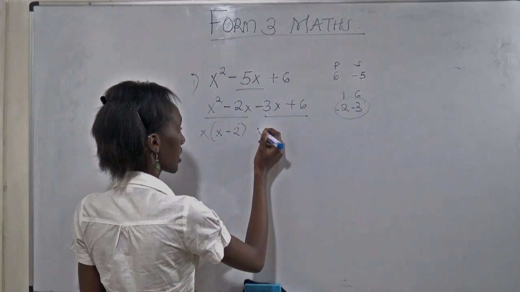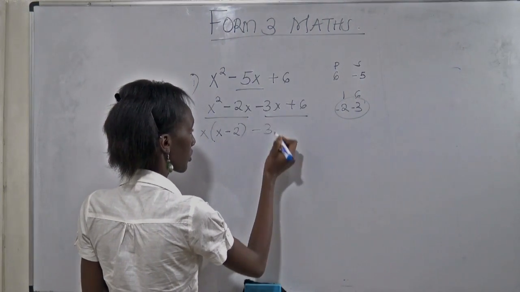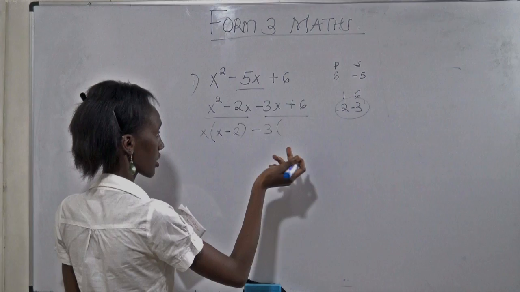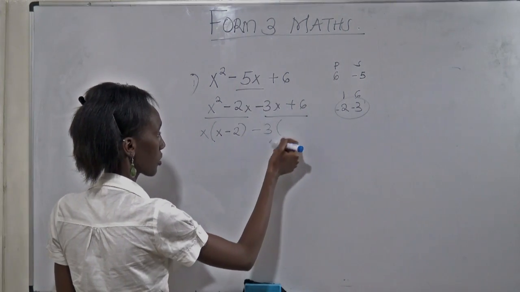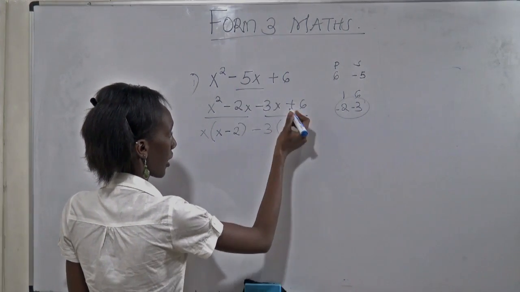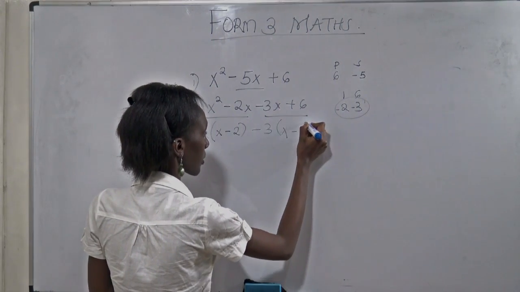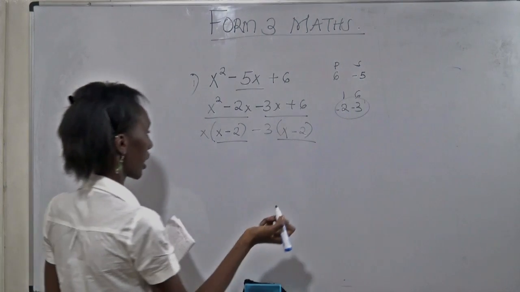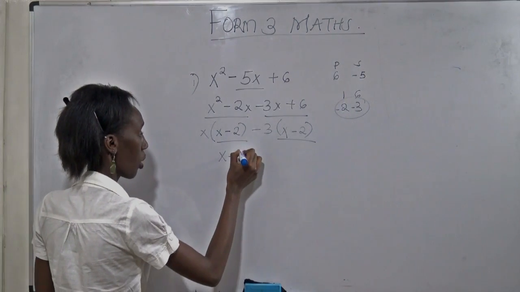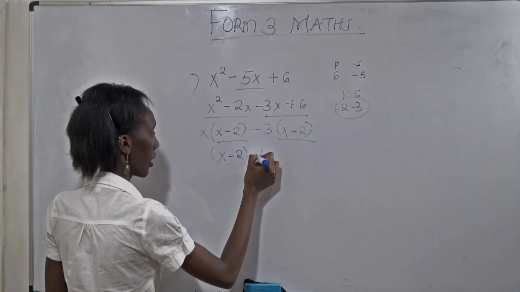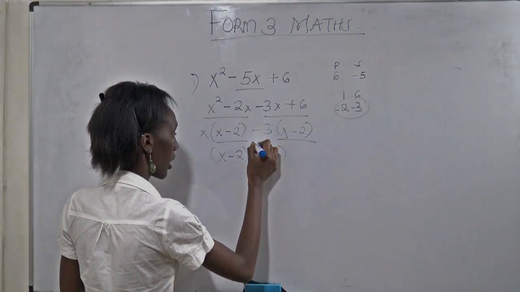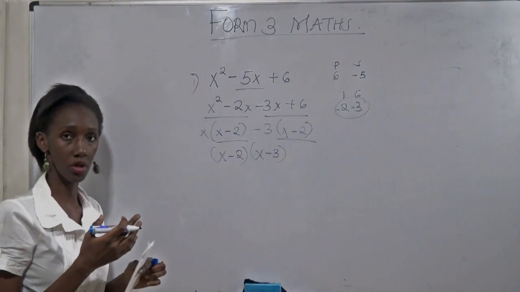The common factor here is -3. Open up your bracket. So 3x and 3 will cancel out, you are left with x, then -3 goes into 6 minus 2 times. So I have a common set of brackets. I'll narrow them into one bracket, and I'll have x minus 2 and x minus 3. So I hope you got this number.